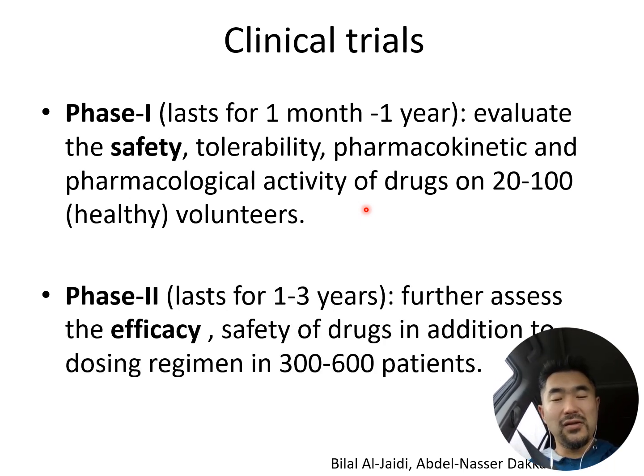In phase 2, you scale up a bit. You usually have not just dozens, but hundreds of patients. This time you look for volunteers who are actually sick, and one of the things you focus on in phase 2 is efficacy.